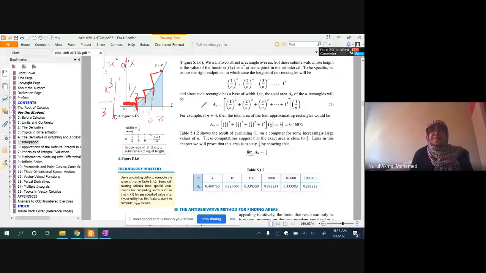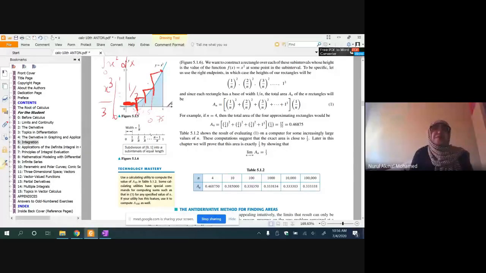The area for the rectangle will be the height of the rectangle multiplied with the base. The base will be the same for all the rectangles because you divide into equal rectangles.